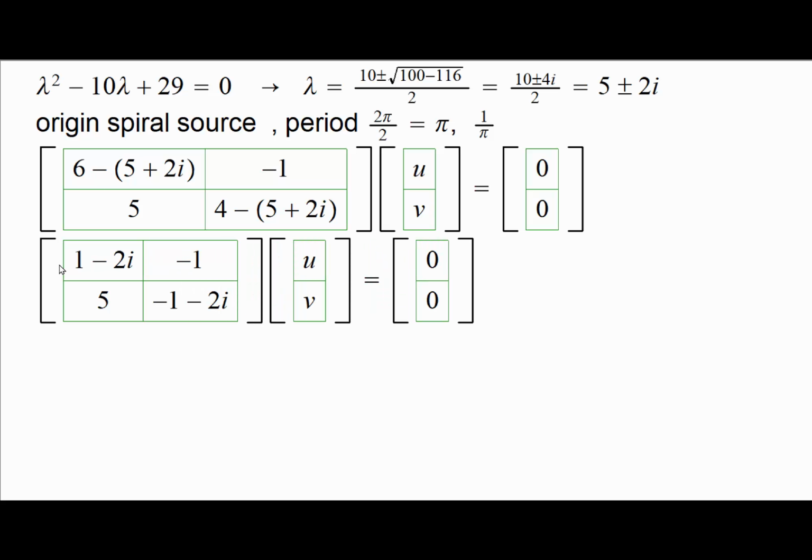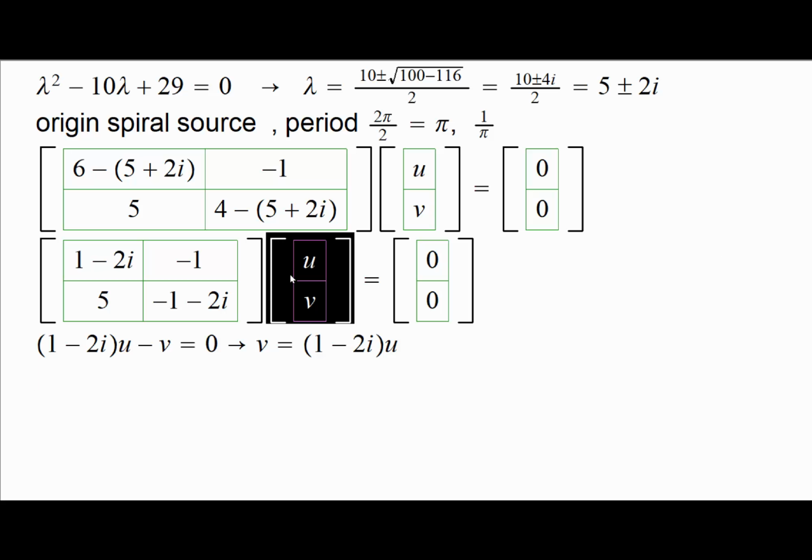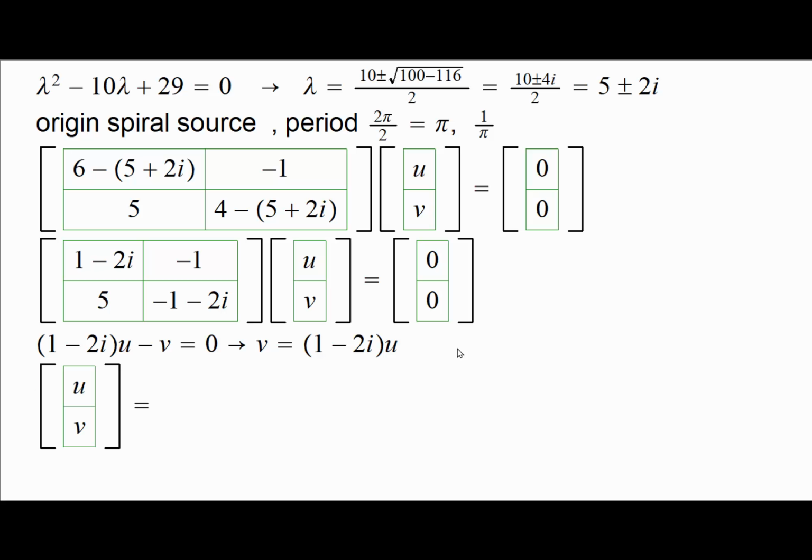Just taking up one of these will be enough. So you have 1 minus 2i times u minus v is 0, which gives us that v is 1 minus 2i times u. That will give me the many vectors for an eigenspace.